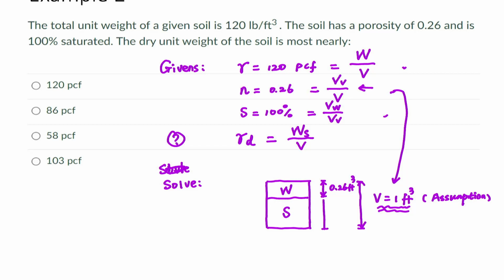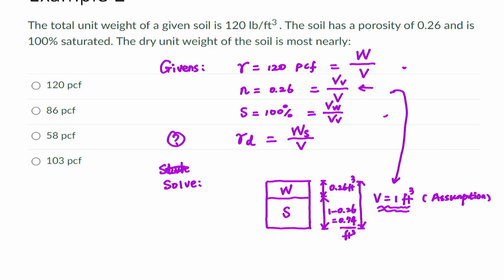And we know that the total volume is 1, so the volume of the solid is basically 1 minus 0.26, which is 0.74. Again, you don't really need this 0.74, but I'm just going to put it there. The reason you don't need it is that you don't know the specific gravity, so you can't cross the bridge from the volume side of the solid to the weight side.